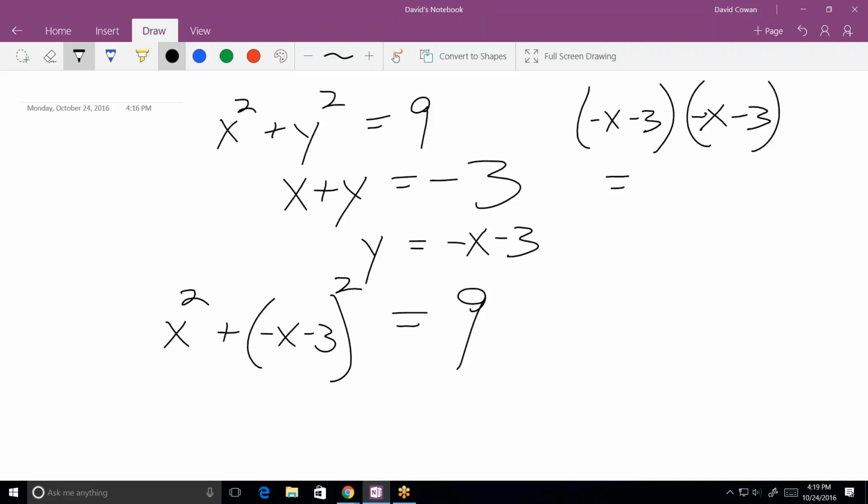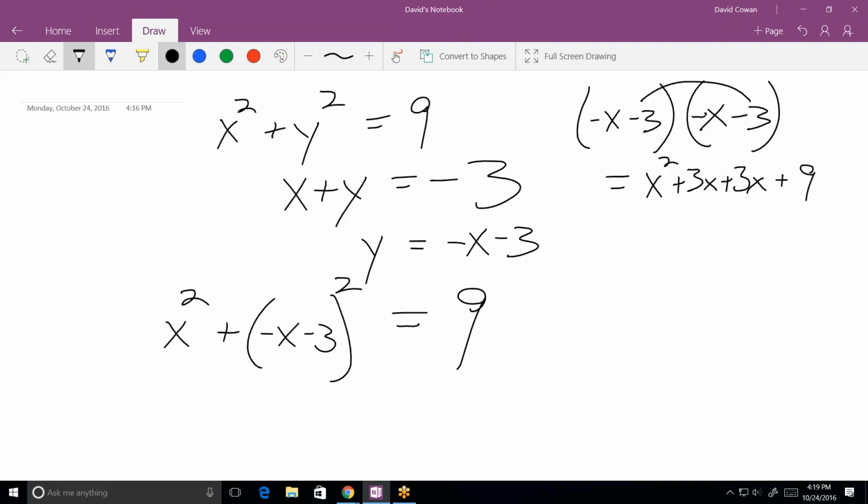So that'll be x squared plus 3x and then plus 3x again, and the last step of FOIL is plus 9.